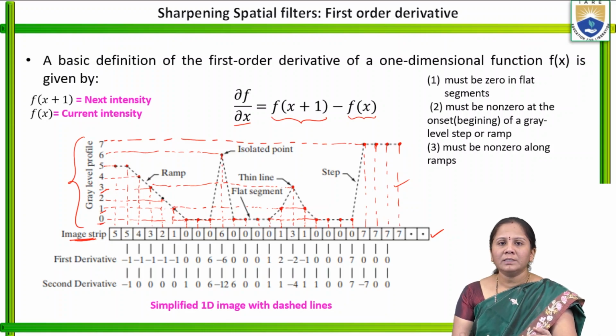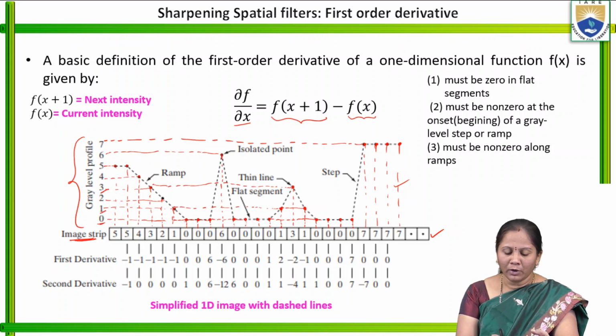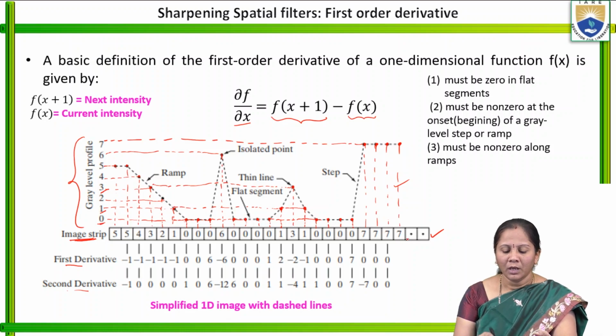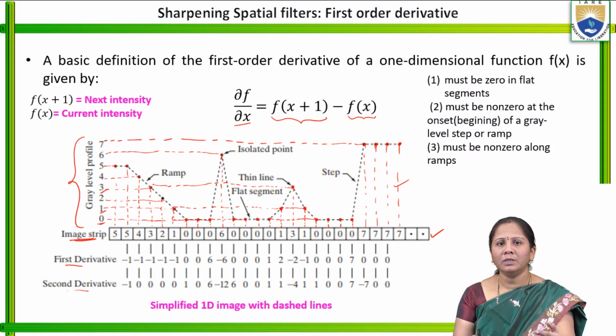So considering these values that are available in the image strip, we are going to apply first order derivative and second order derivative. Now, looking at this strip, we have to identify which value is called the current value, which value is called the previous value, that is previous intensity value, and which value is called the next intensity value.